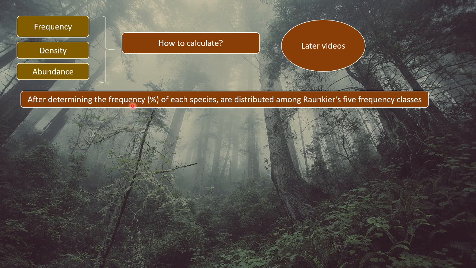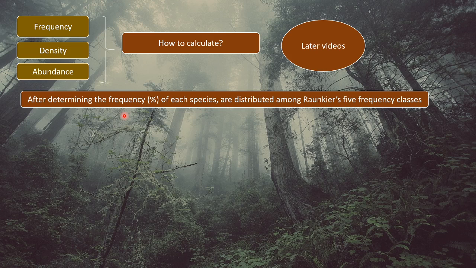So frequency is the occurrence of a species in an area. For example, some species might be present in a large number. Say for example, in an area there is a neem tree present. How many of that neem tree are present?